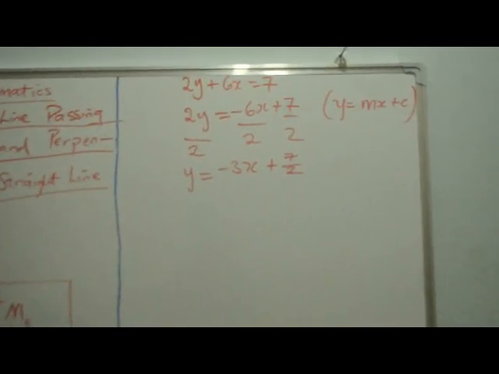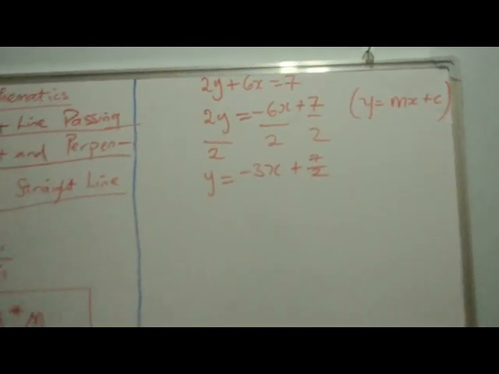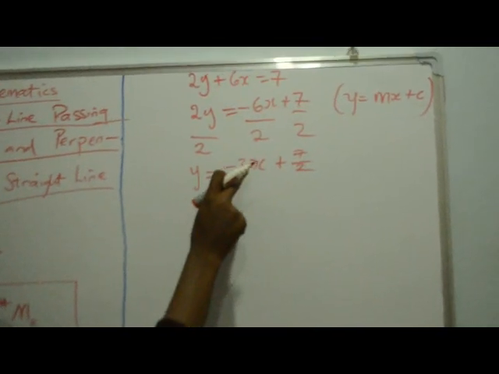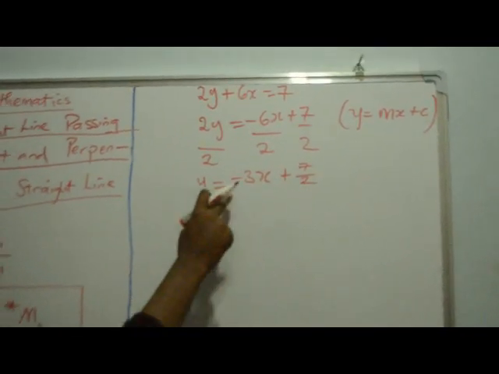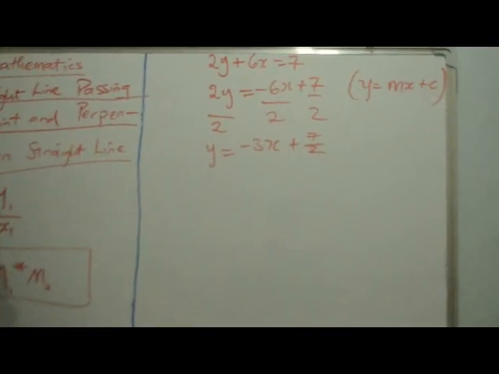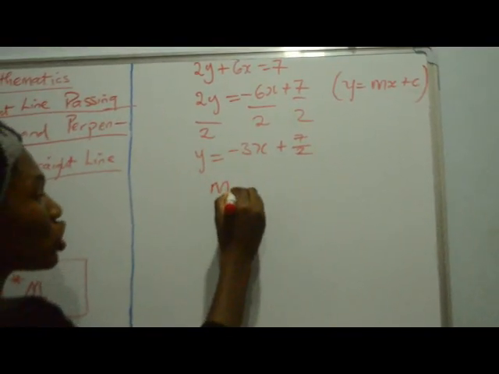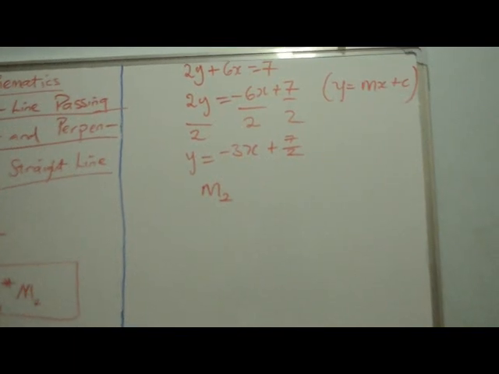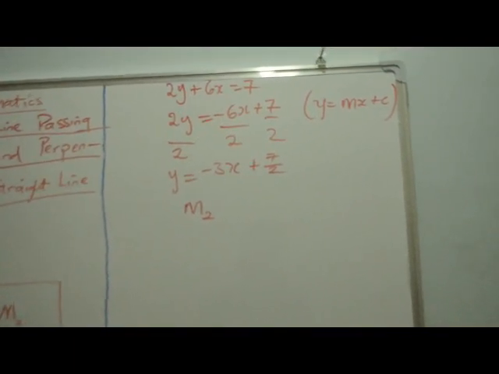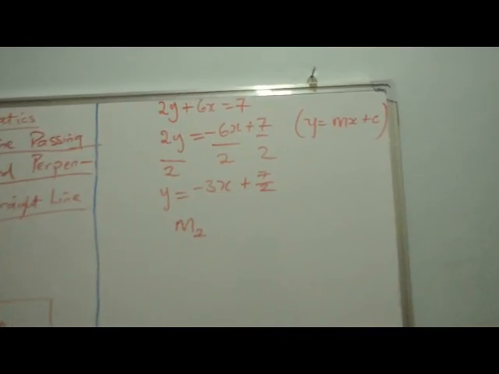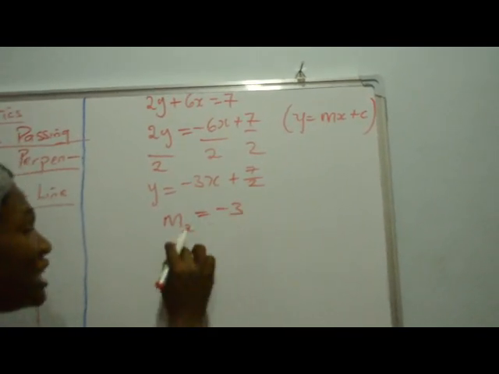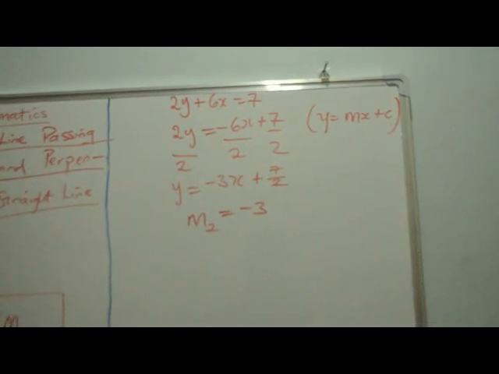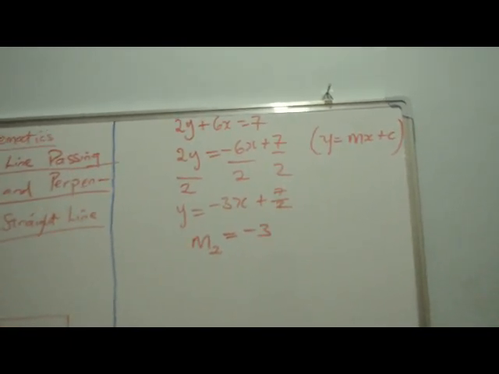From this, like I said, the coefficient of x is -3 when y is the subject of the formula, so -3 becomes our gradient. So our m2, which is the gradient of the line to which our line is perpendicular, is equal to -3. That is the gradient for our second line, the perpendicular line.